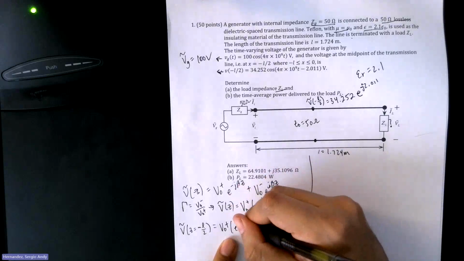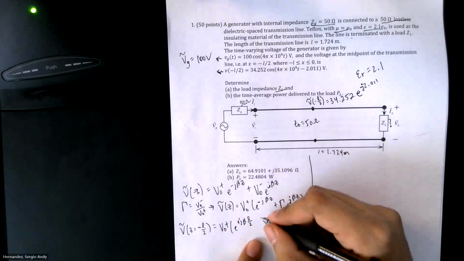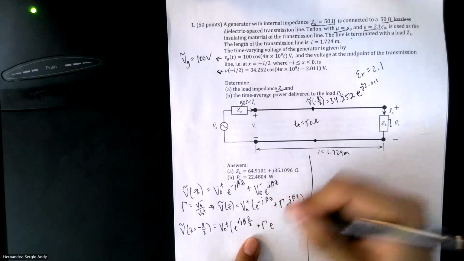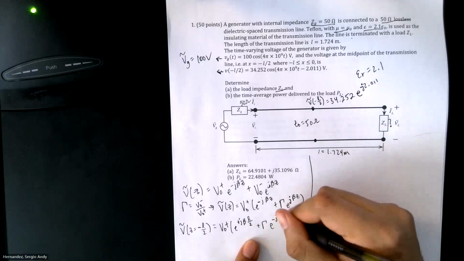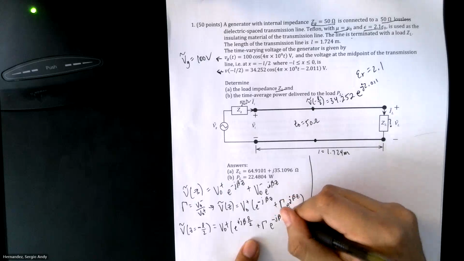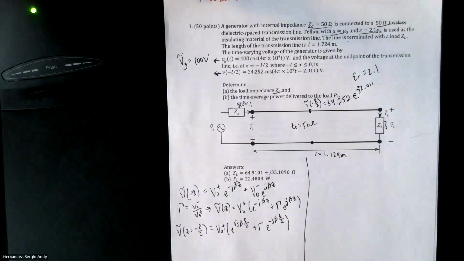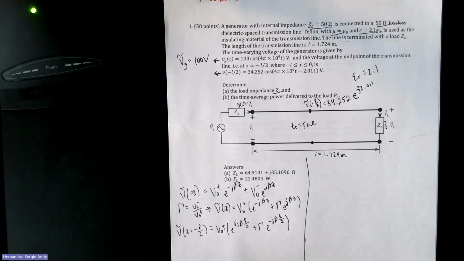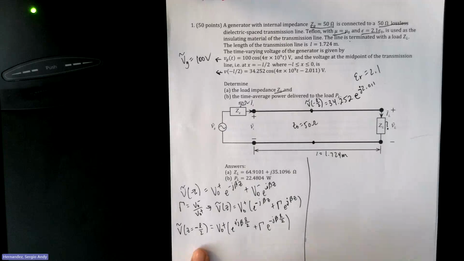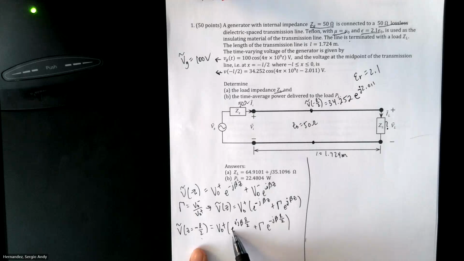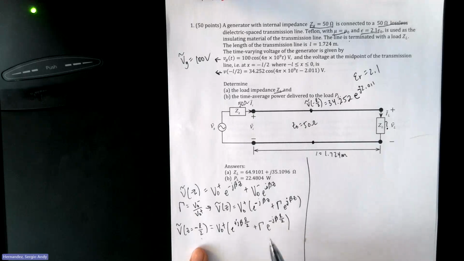So this turns into a positive. And the other one turns into a negative. So what do you know so far about this equation? You have this, don't have this. You have this, you don't have this, and you have this.